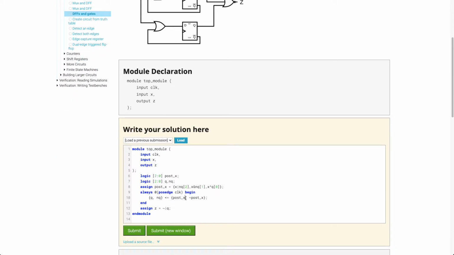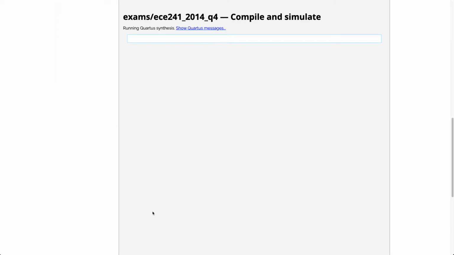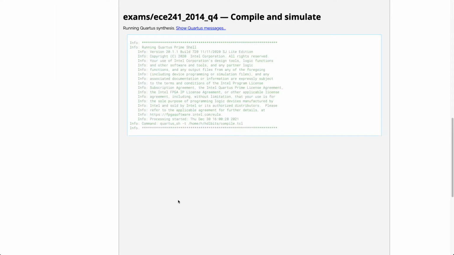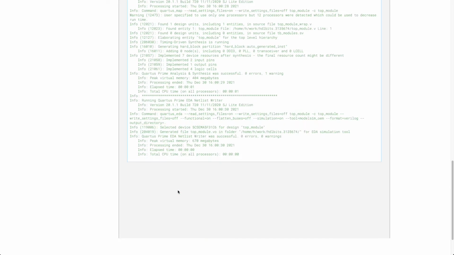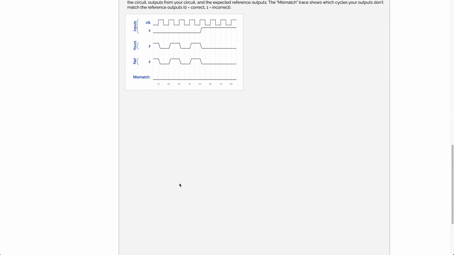So I guess I can't do this. And I must explicitly do that. At reset, Q assumed to be 0, but then NQ is also 0 in my previous implementation.